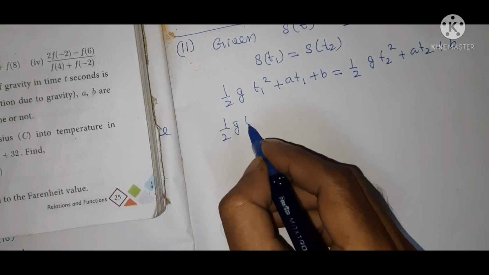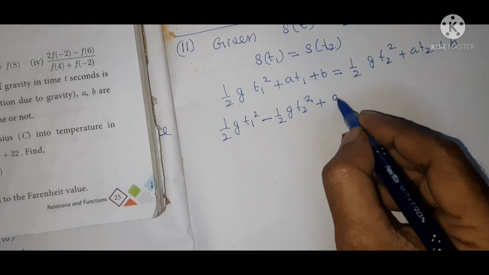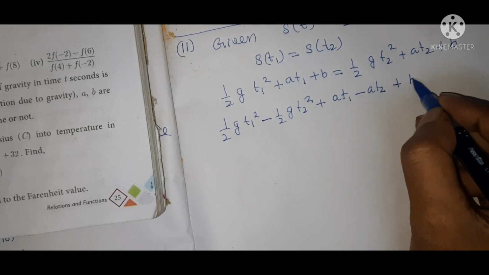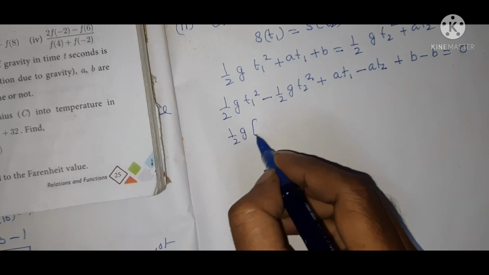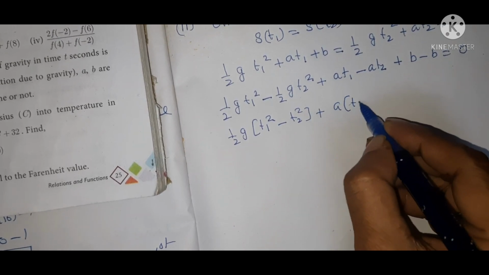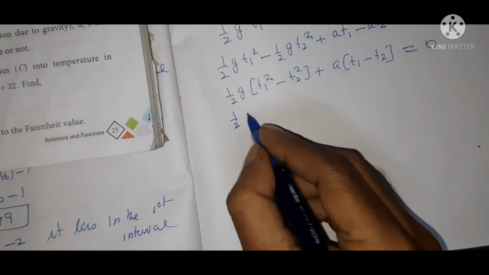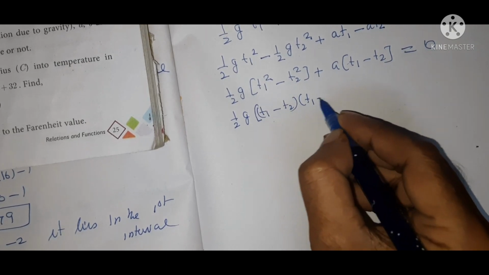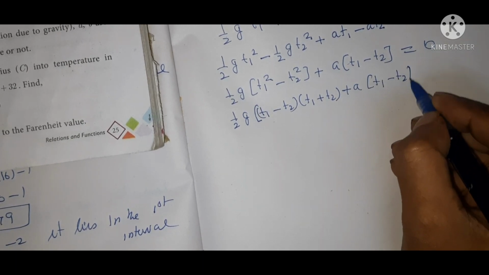Half g t1 square minus half g t2 square plus a t1 minus a t2 plus b minus b is equal to 0. Half into g into t1 square minus t2 square plus a into t1 minus t2 is equal to 0. Half into g into t1 minus t2 into t1 plus t2 plus a into t1 minus t2 is equal to 0.